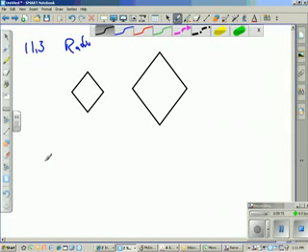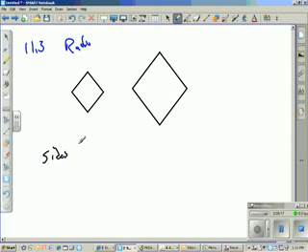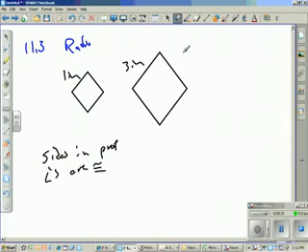Now, when they are similar, the sides are in proportion, and the angles are congruent. So in this figure, I'll say that this is a rhombus, and it has a side of 1 inch. And this is a rhombus, and it has a side of 3 inches. And I want to know the ratio of the sides, the ratio of the perimeter, and the ratio of the areas. And we will look in terms of small to big.